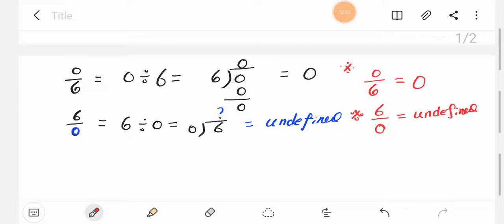The denominator cannot be equal to 0. That means it's undefined. If the numerator is 0, then the answer is 0. Simple. If the denominator is 0, then it's undefined. The denominator cannot be 0.